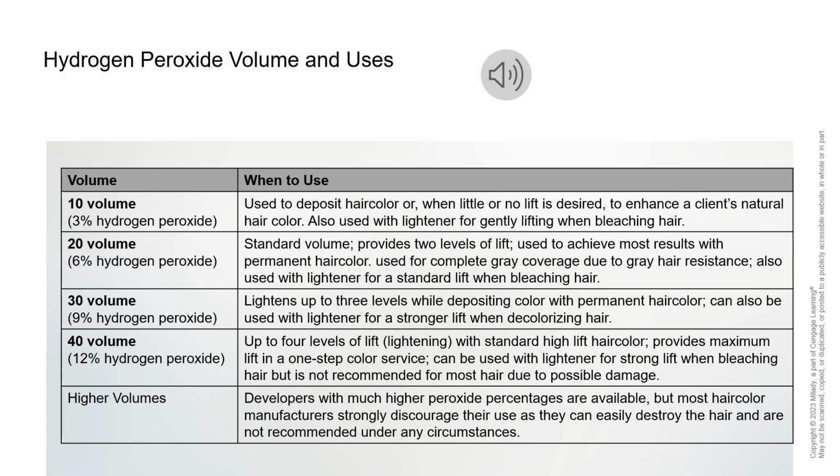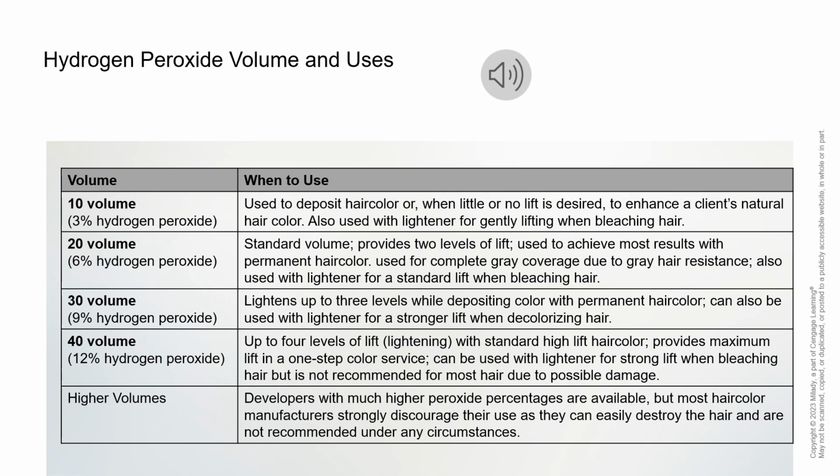30 volume. Lightens up 3 levels while depositing color with permanent hair color. Can also be used with lightener for a strong lift when decolorizing hair. 40 volume. Up to 4 levels of lift with standard high lift hair color. Provides maximum lift in a one-step color service.